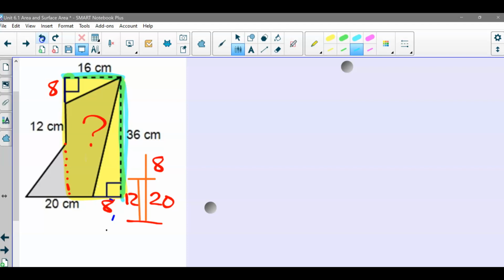Anybody here? Aaron, Lily? Because it's length times width? Very, very close. I need a little more accurate. Because that's the area. Close.